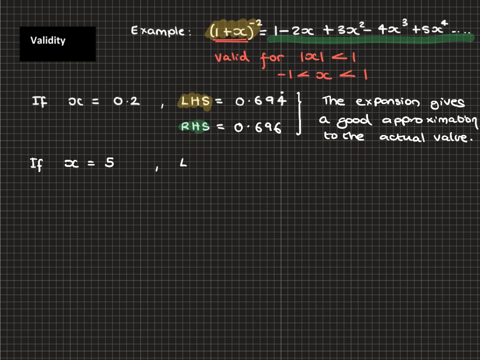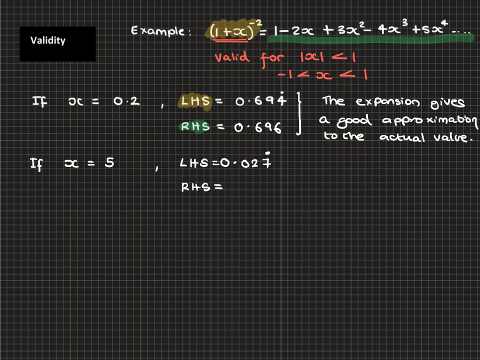So let's input into the left-hand side. Again, that means I'm substituting just into (1 + x)^(-2), and you can see that gives you a value of 0.027 recurring. What happens if you substitute x = 5 into the right-hand side of the expansion, so the 5 terms that we are including in our expansion?